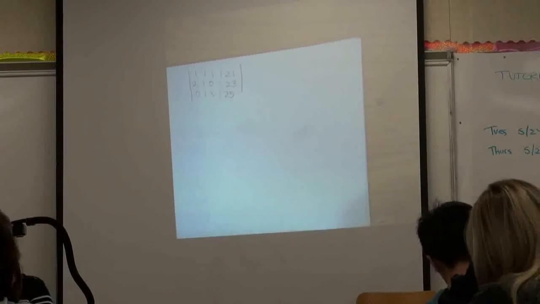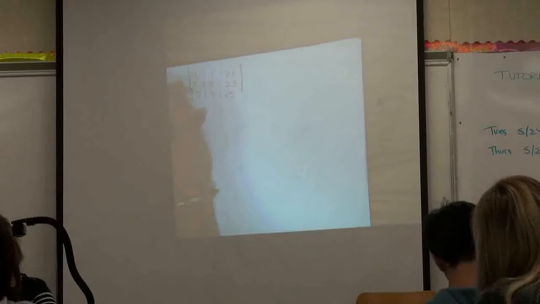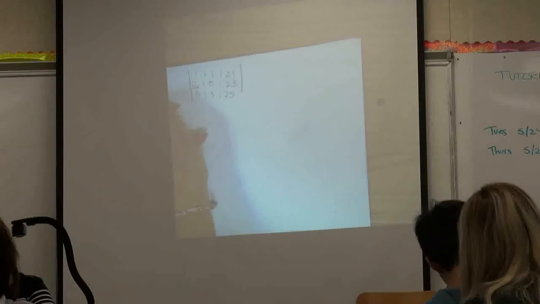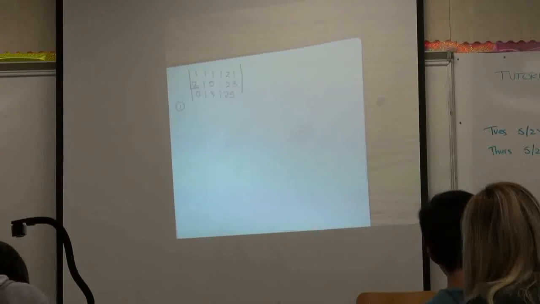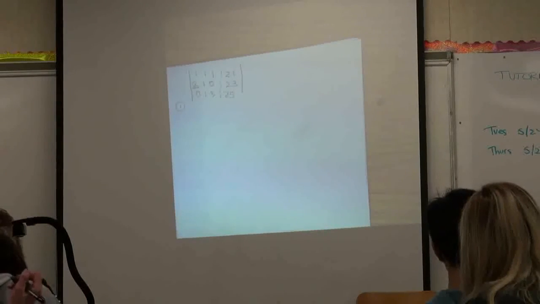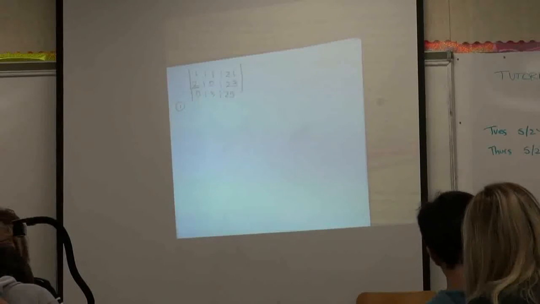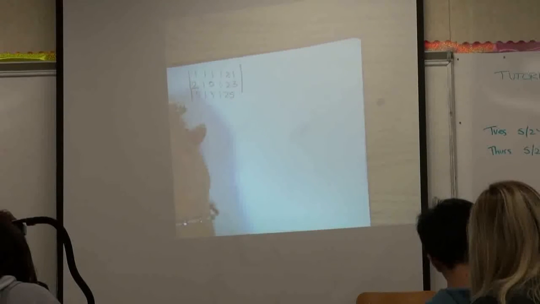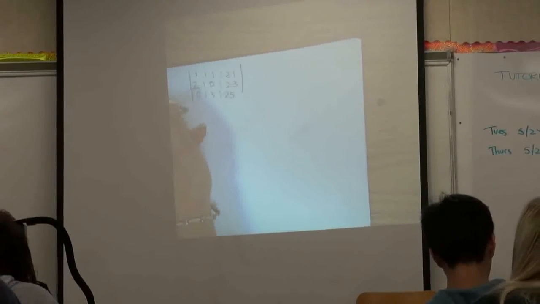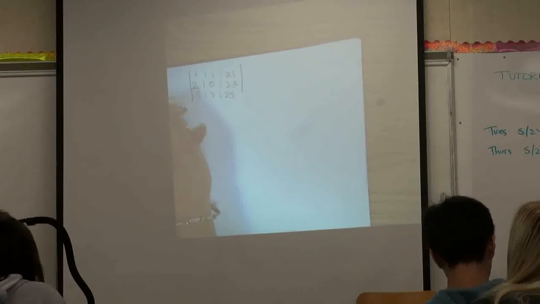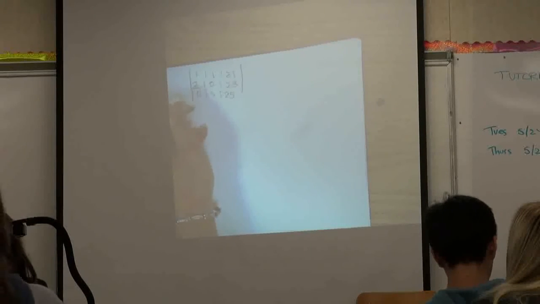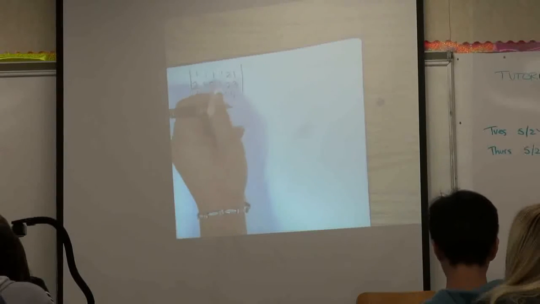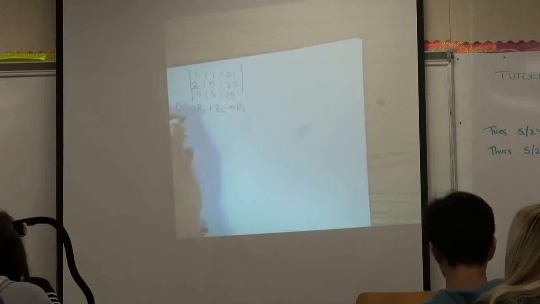So, remember, I taught you to underline what you were going to change. And if you wanted to change that 2 into 0, what did you do? Jake? You could multiply row 1 by -2 and then add it. -2 times row 1, added to row 2, put in row 2.